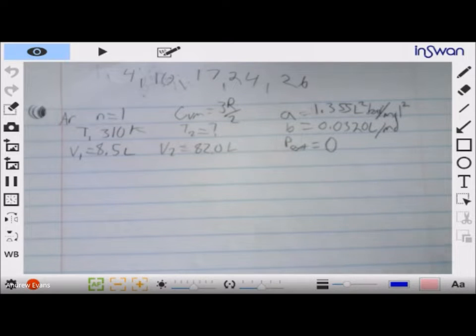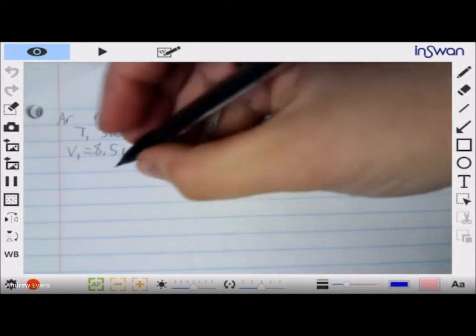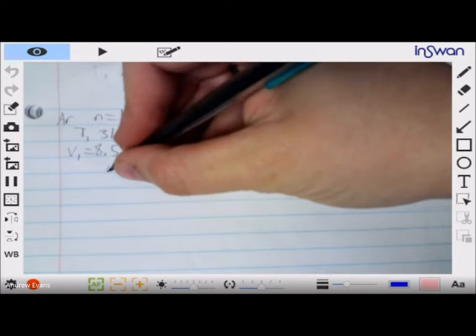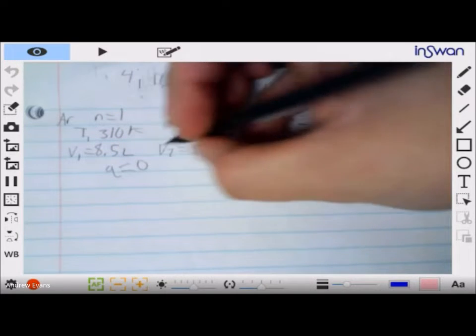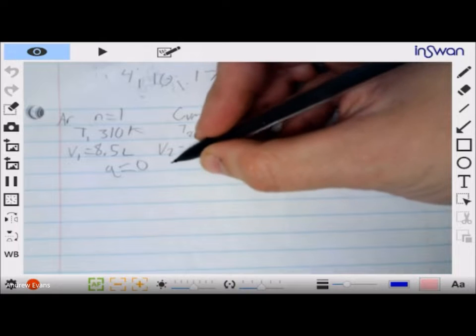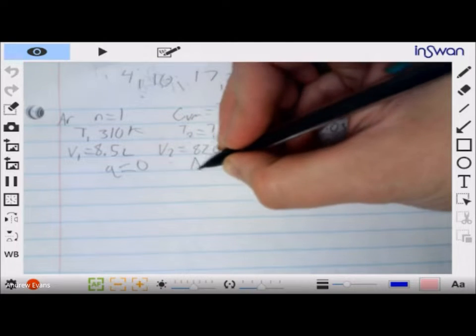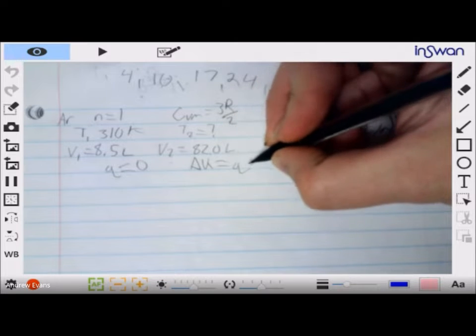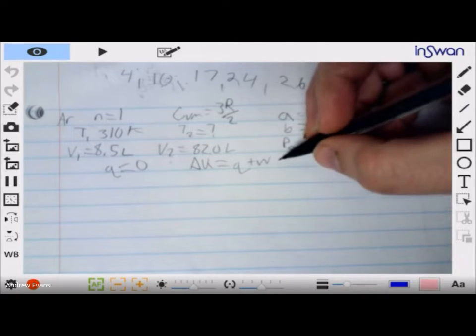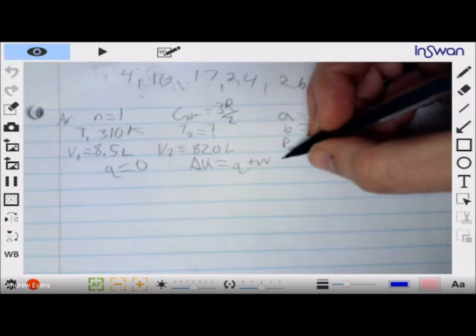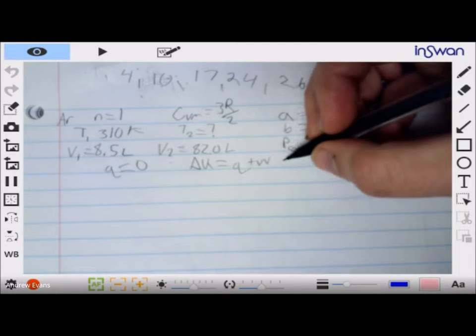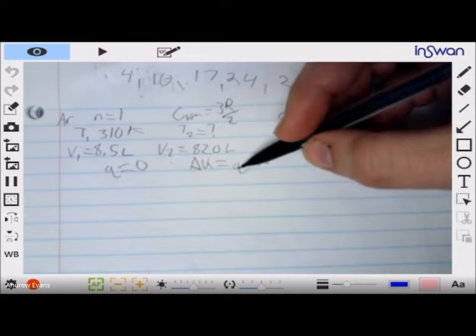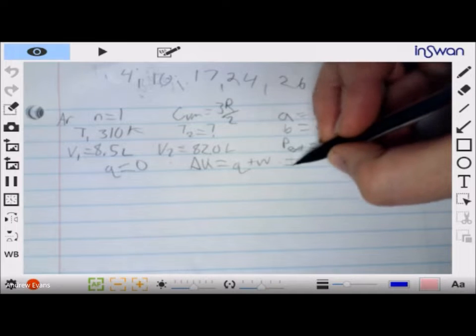Well, the first thing to note is that for adiabatic expansion, Q equals 0, which, if internal energy, I know this is kind of backwards, if internal energy is equal to Q plus W, then this is just equal to W.